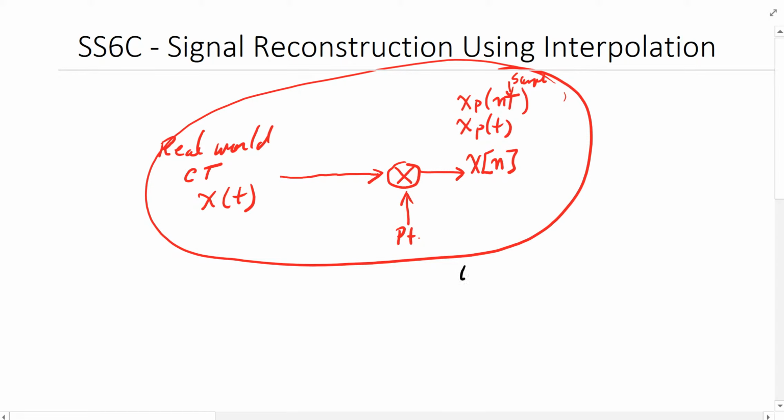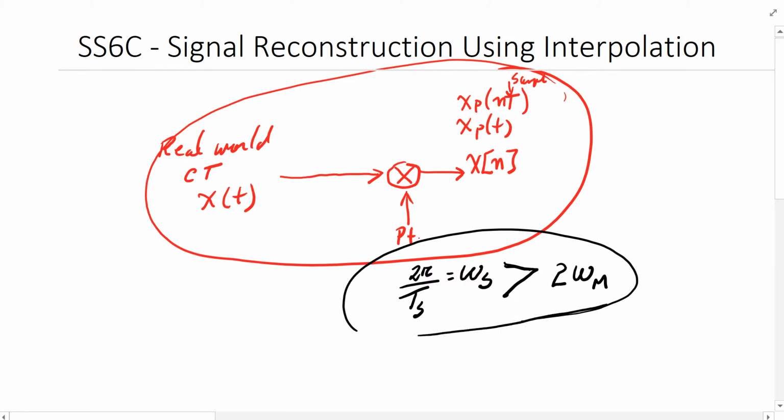We mean that the sampling rate, omega, which is 2 pi over the sampling period, has to be larger, not equal, larger than 2 times the maximum frequency of the signal. In other words, if I plot the signal, everything above omega 0 and everything below minus omega 0 has to be 0.